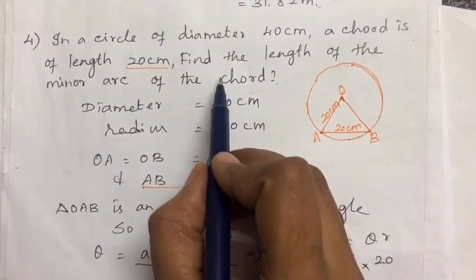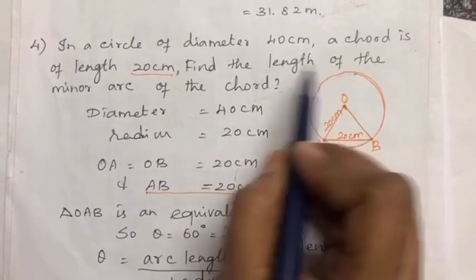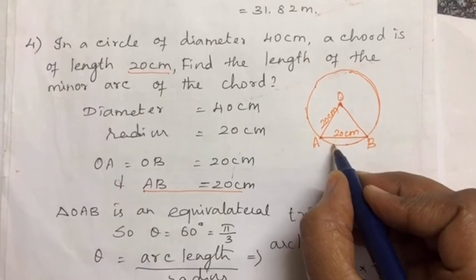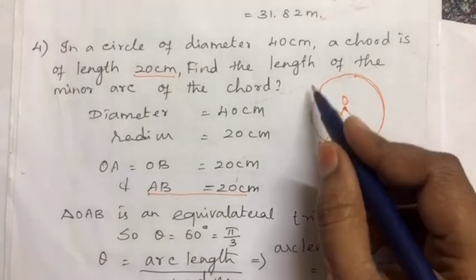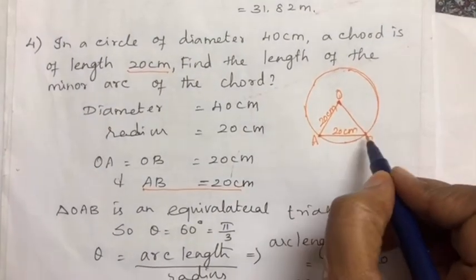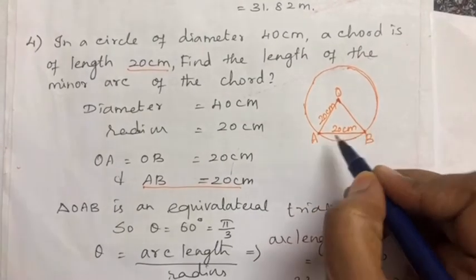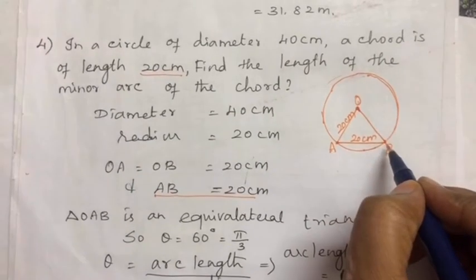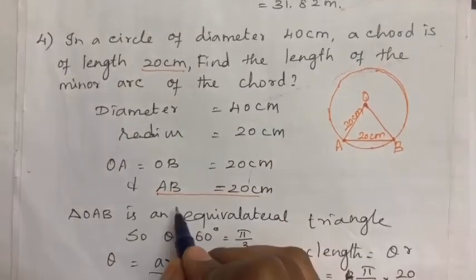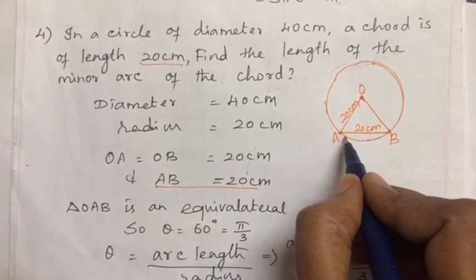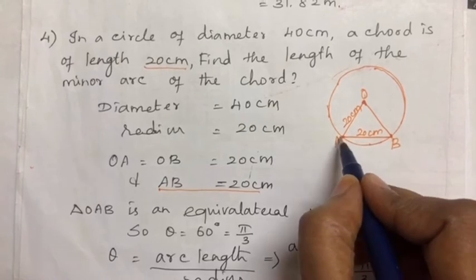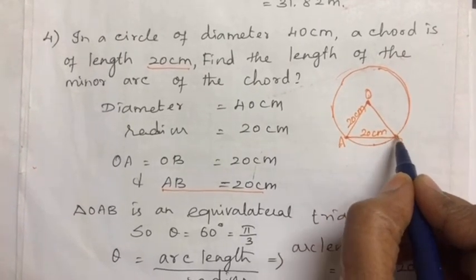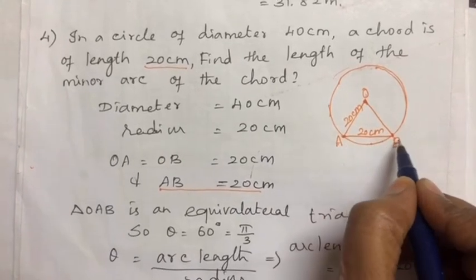What we have to find? Find the length of the minor arc. What is the minor arc? This is the minor arc and this is the major arc. For this chord, this is the minor arc and this is the major arc in a circle. Now we have to find the length of this minor arc.